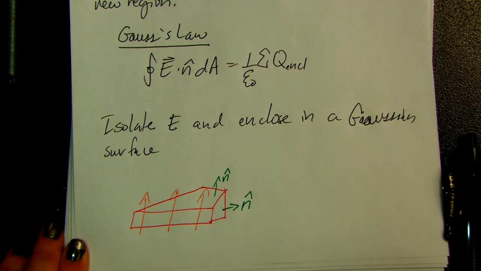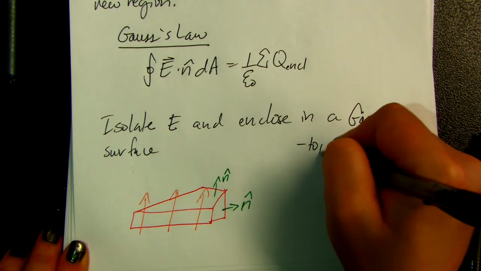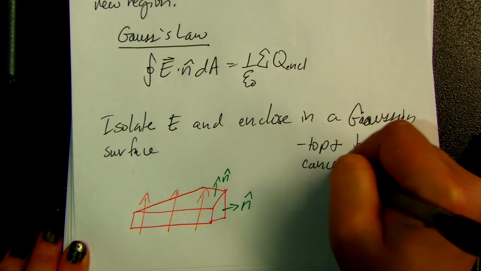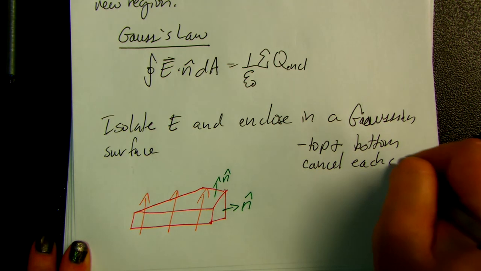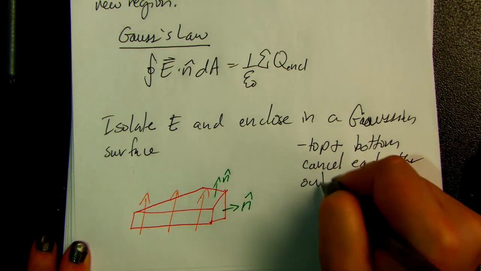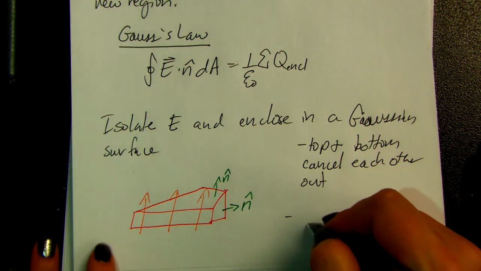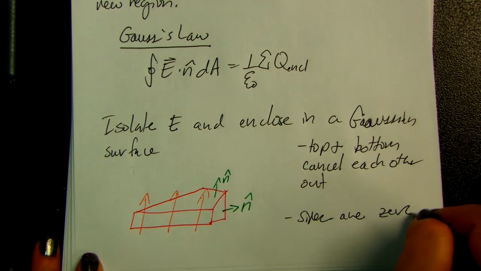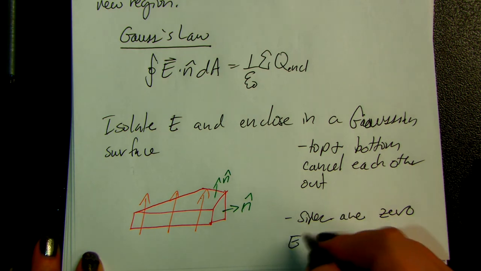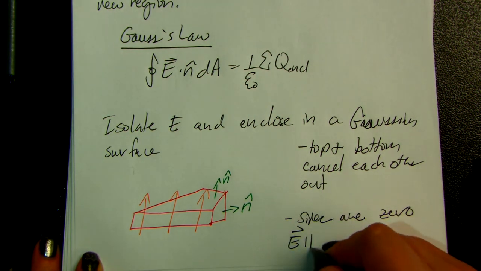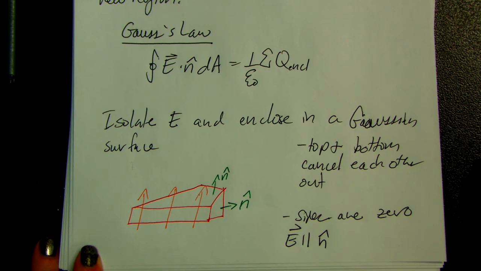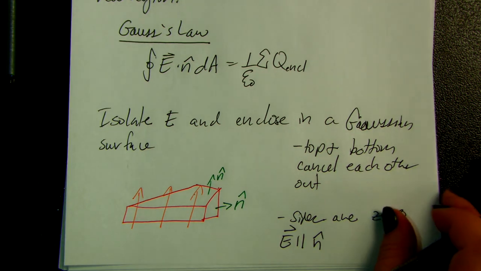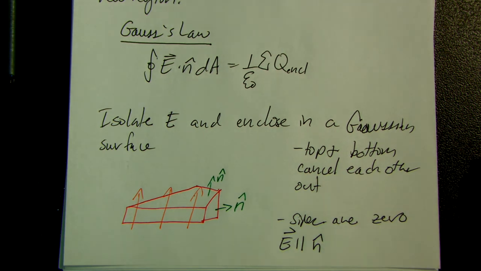Okay, so a couple observations. Top and bottom cancel out. And sides are 0 because the electric field is parallel to the normal vector. Okay, so basically there's no charge inside.